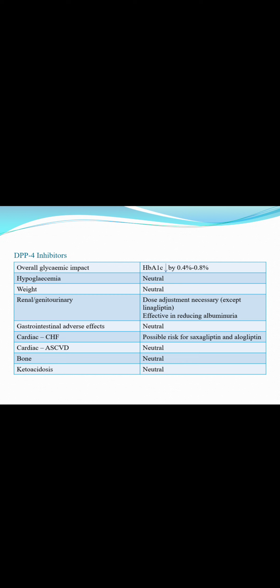So what are the pharmacological effects of DPP4 inhibitors? These are a few effects of DPP4 inhibitors on diabetic patients. Obviously, number 1, the most important, is the control of glycemia, which is reflected in HbA1c, and it lowers HbA1c by 0.4 to 0.8%.